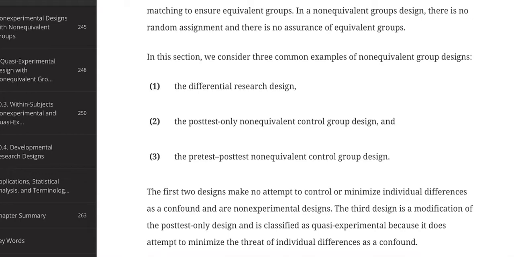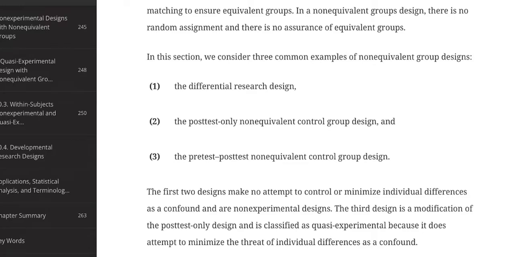These first two, 1 and 2, make no attempt to control or minimize individual differences. There are no modifications made, and because of that, they are considered non-experimental designs.